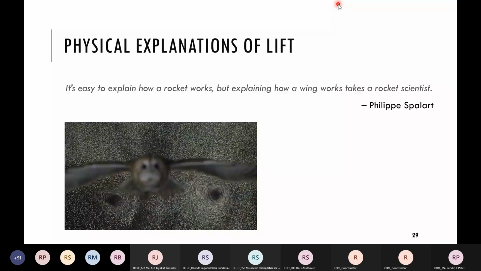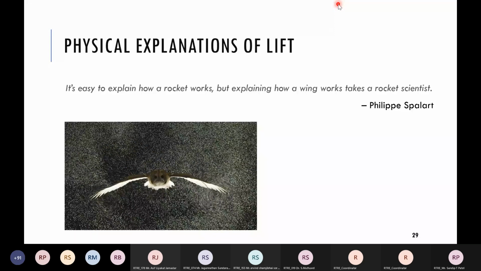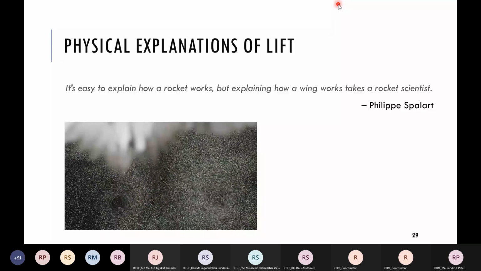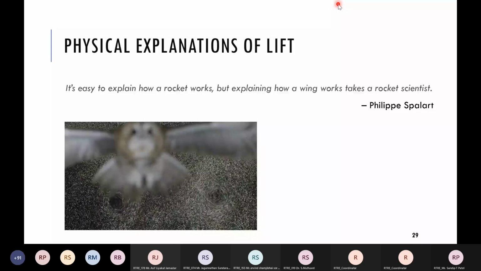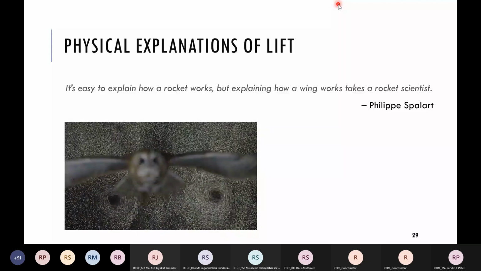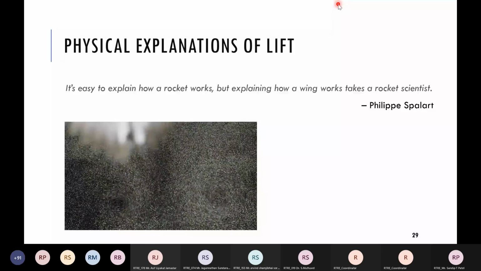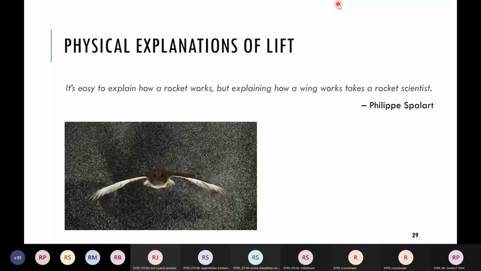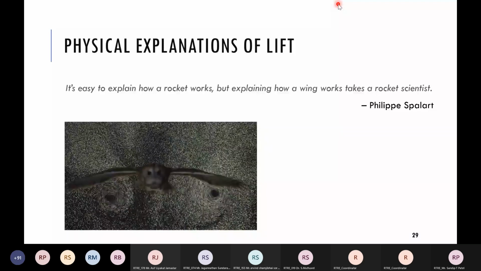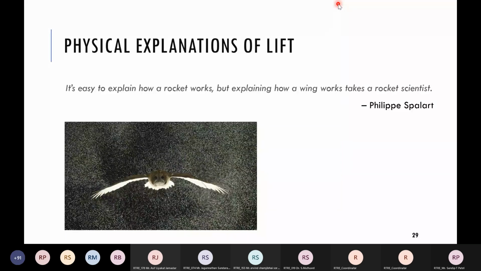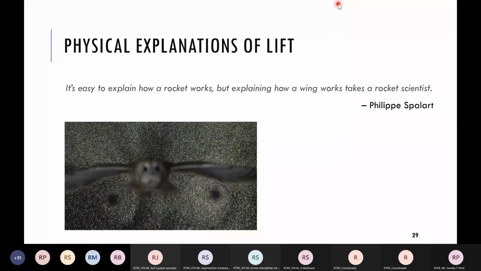Apart from that, he has developed 2-3 other models. So he has given a great contribution in the domain. He has quoted that it is easy to explain how a rocket works, but explaining how a wing works takes a rocket scientist. So I'm not a rocket scientist, so I'm unable to explain how actually the lift occurs and how a wing works. Yeah, I have an idea, but it is a whole lot of time consuming thing to explain.